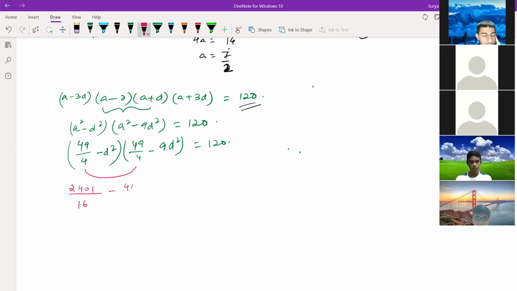Minus 441 D square divided by 4, because this is going to multiply with this one as well as this one, right? Again D square with this. So we'll get minus 49 D square divided by 4. And plus 9D to the power 4 is equal to 120.